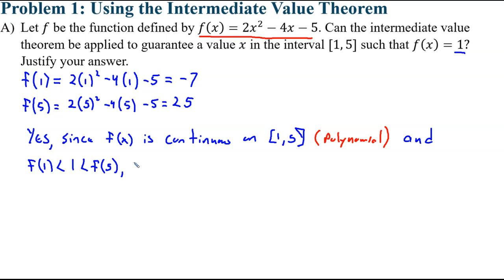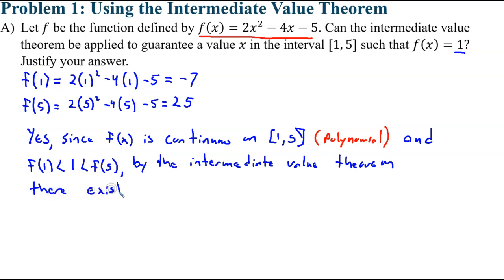By the intermediate value theorem, I feel like I could have capitalized that because it's a name, but oh well. There exists an x on our interval 1 to 5 such that f of x is equal to 1.